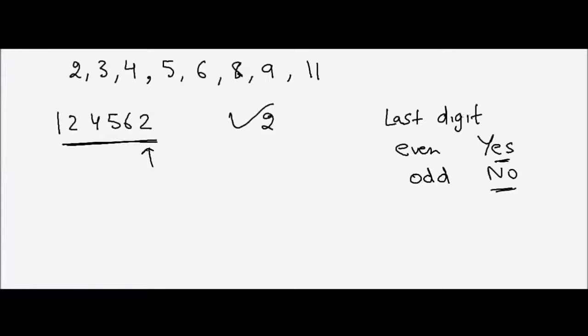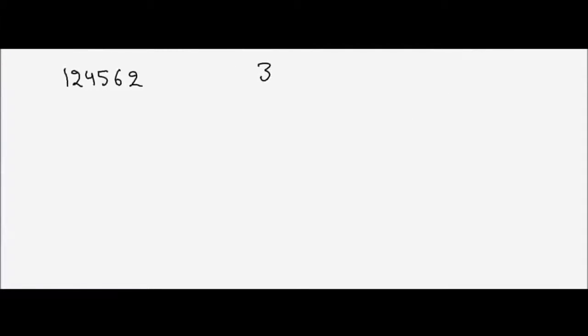Now let's talk about division by 3. If I have 124562 again, and I'm looking at whether it's divisible by 3 or not, then what I'll do is add all these digits together. So 1 plus 2 plus 4 plus 5 plus 6 plus 2. That will give me 3 plus 4 is 7, 7 plus 5 is 12, 12 plus 6 is 18, plus 2 is 20.